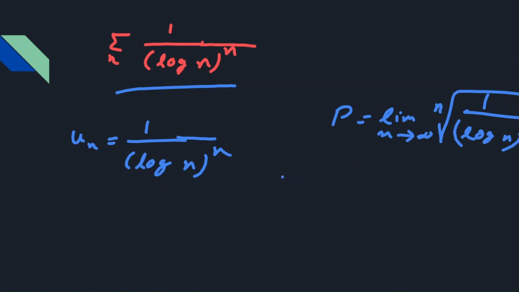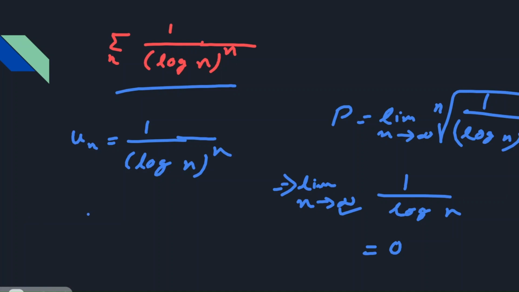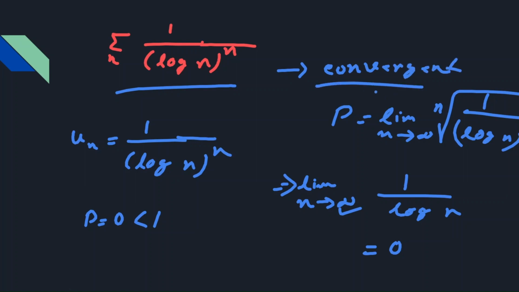That means limit n tends to infinity 1 by log n. Now look at this term: for n tends to infinity, this term will be 0, so the value of p is 0, which is less than 1. So this series is convergent.